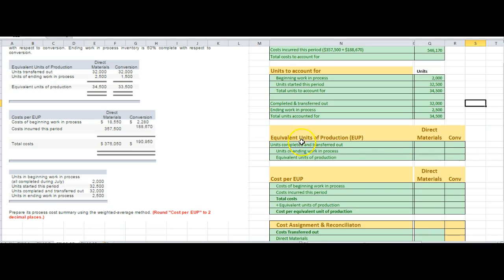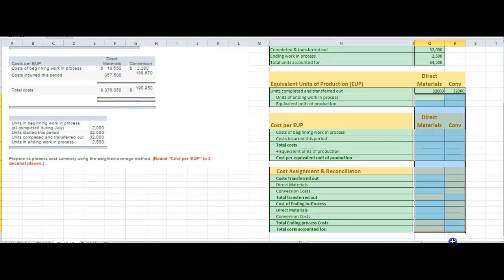So we're going to do equivalent units now. We transferred out 32,000, so we know that's 100% complete. Let's put some zeros in here too. Could have done this before we started, I guess.